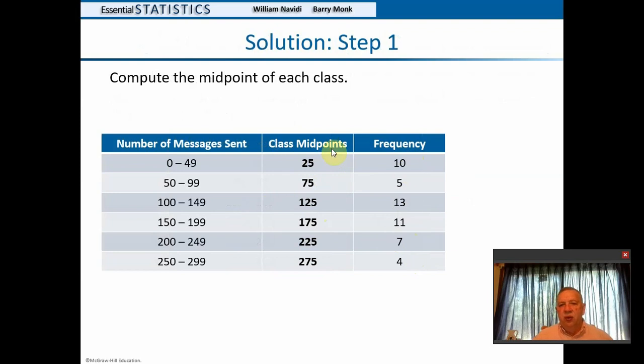So instead of rewriting these things as 25 10 times, that's the same thing as 25 times 10, plus 75 times 5, plus 125 times 13, plus 175 times 11, plus 225 times 7, plus 275 times 4. Add those up, finish doing that calculation, and then divide it by the 50 students that we were originally dealing with.